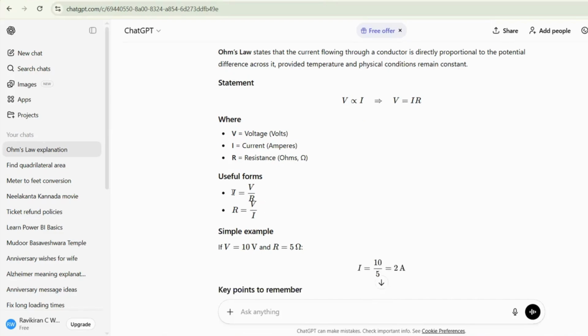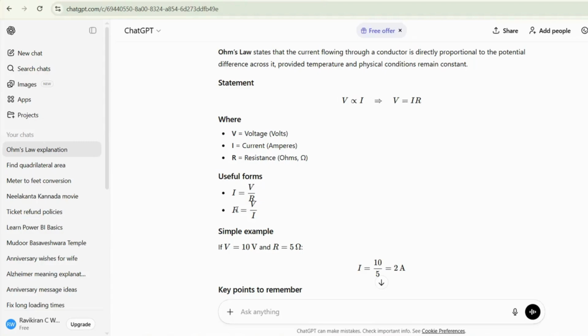See, compare the first and second equation. I and R are exchanged. Here I is there, here R is there. You can cross multiply, take this R to the left side, and I can be transferred to the denominator. It means as R is increasing, current is decreasing.